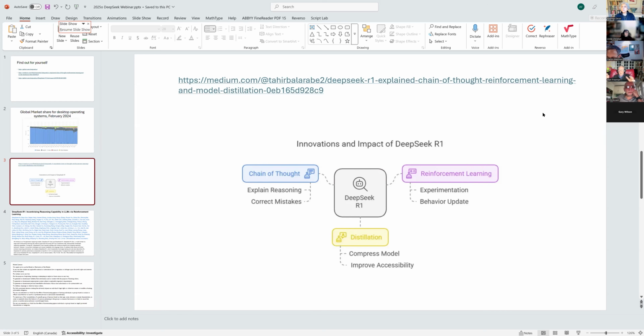So there is a paper which explains why DeepSeek is working, and it mentions the three features of DeepSeek which are central to its advances: chain of thought reasoning, where you get the app to explain how it reached its conclusions and then interrogate its own methods; reinforcement learning, which is methods of actually making the app get the right result more often; and distillation, which is one of the crucial advantages, which made it possible to implement DeepSeek on a much smaller capacity machine than was thought to be possible by the sort of Silicon Valley Trump geeks who thought, you have to spend 100 billion to get the hardware.